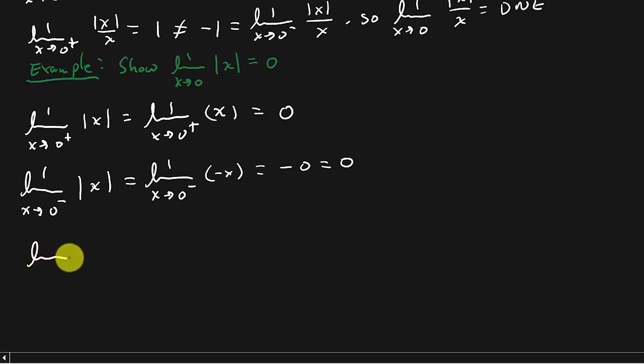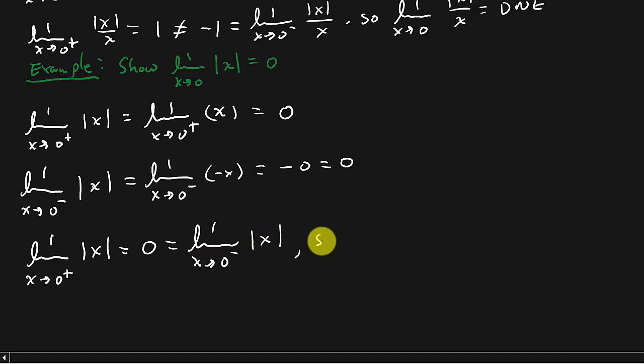So we have the limit as x goes to 0 from the right of absolute value of x is equal to 0, which is also equal to the limit as x goes to 0 from the left. So the limit as x goes to 0 of absolute value of x is equal to 0. And that's showing that this limit is equal to 0.